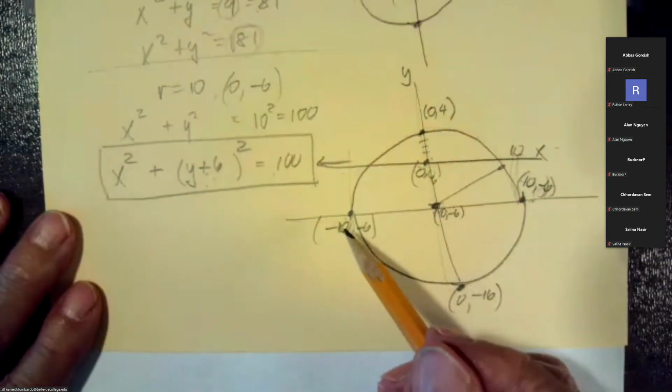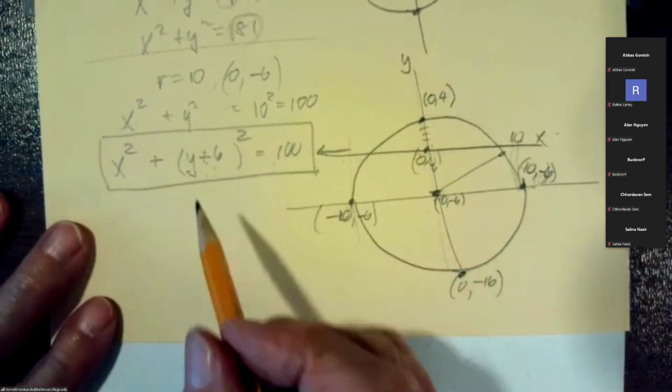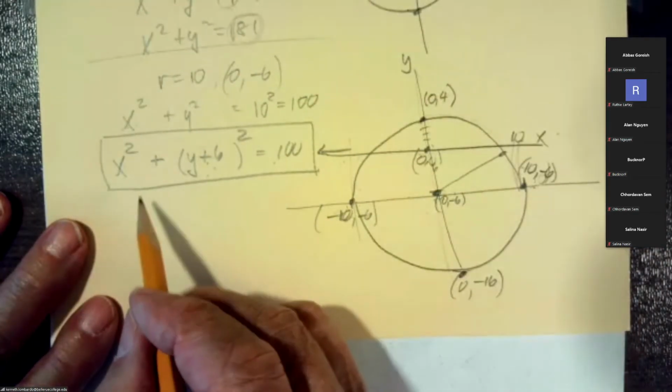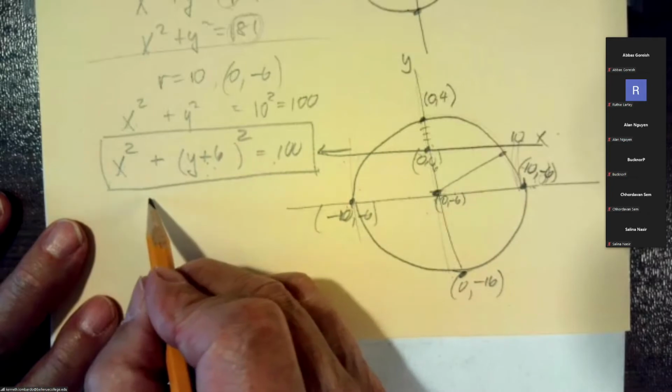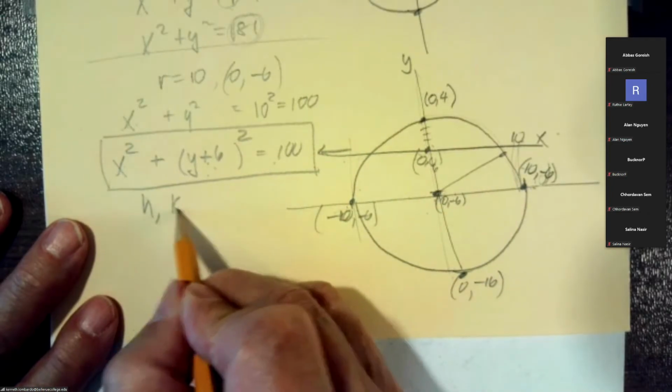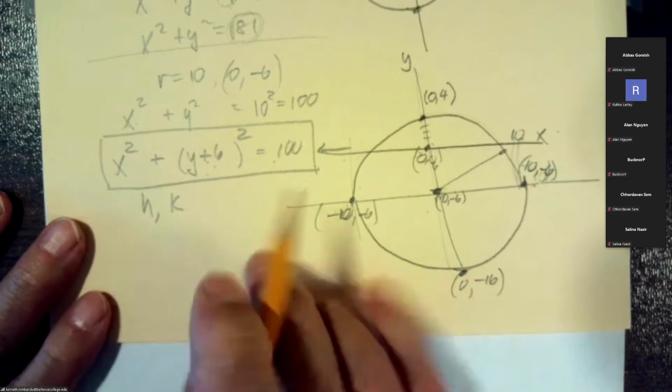Well, if you're doing a shifting for an equation, let's say by convention, we call H a horizontal shift and K a vertical shift.